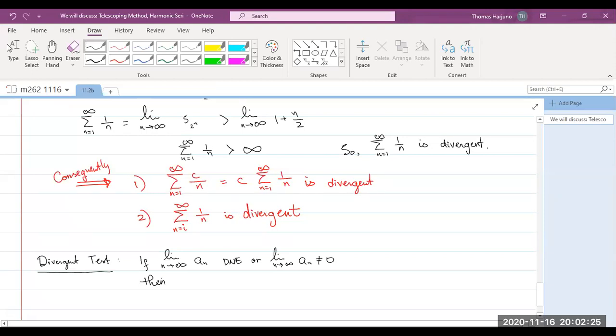I don't need this. As long as it is not equal to 0, then it is divergent. Limit as n goes to infinity of the terms, if it is not equal to 0, then the infinite sum is divergent.